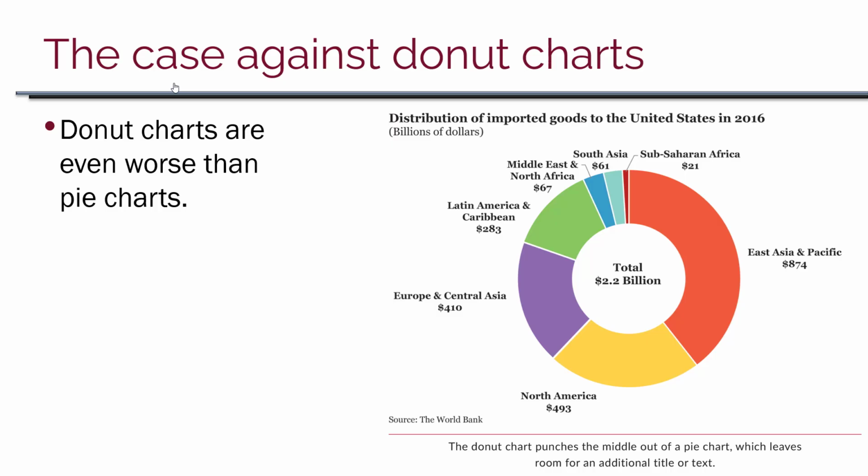So donut is even worse because now I don't have theta. I really like my theta. I don't know how to measure the angle anymore because the origin is missing. Now, people like donut charts because everybody sees pie charts and donuts are different. So, ooh, that's fancy, right? But more importantly, you can put a number in there.